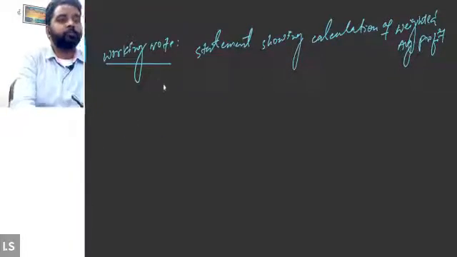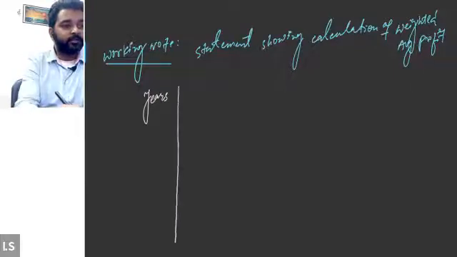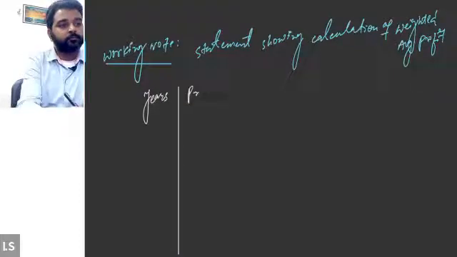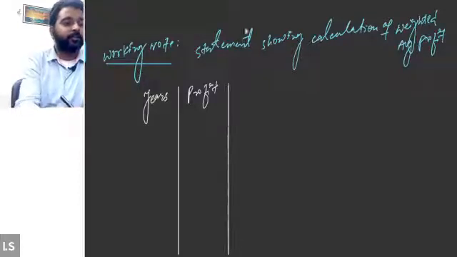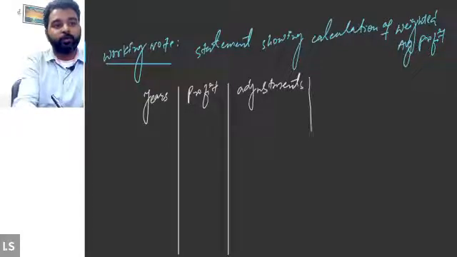This statement will contain a few columns. So let me first make the format of the statement. First, we will make a column for years, then the profit that is given in the question, and there is one column for adjustment. If there are adjustments given in the question, they will be recorded in this column, and after taking them into consideration, we will calculate the normal profit.